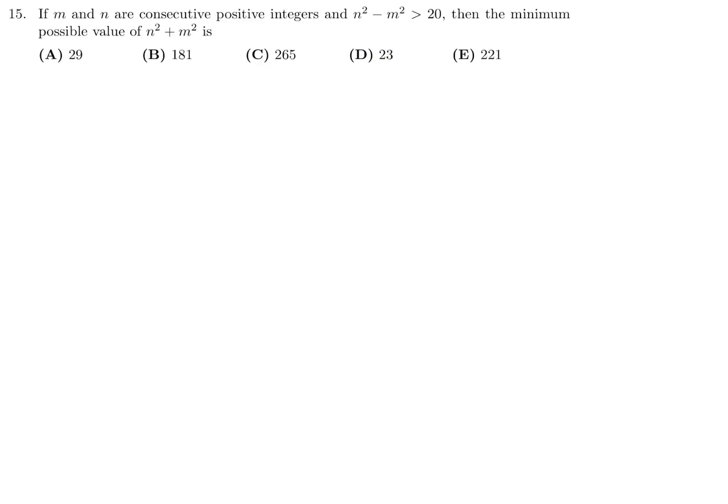If m and n are consecutive positive integers and n squared minus m squared is greater than 20, then the minimum possible value of n squared plus m squared is. Well, m and n are consecutive, so n must be equal to m plus 1. Substituting n equals m plus 1 into n squared minus m squared greater than 20, we get (m plus 1) squared minus m squared is greater than 20.